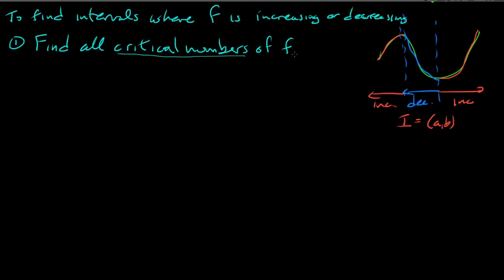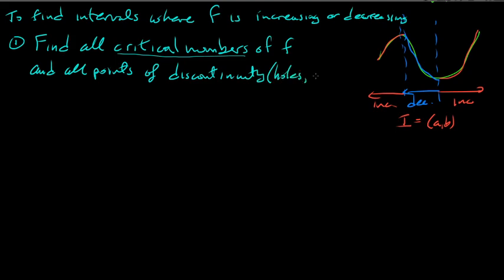So find all critical numbers and all points of discontinuity. Remember, all holes, asymptotes, and jumps. A jump looks like this, when a function jumps from one point to another. So I'll call that a jump.